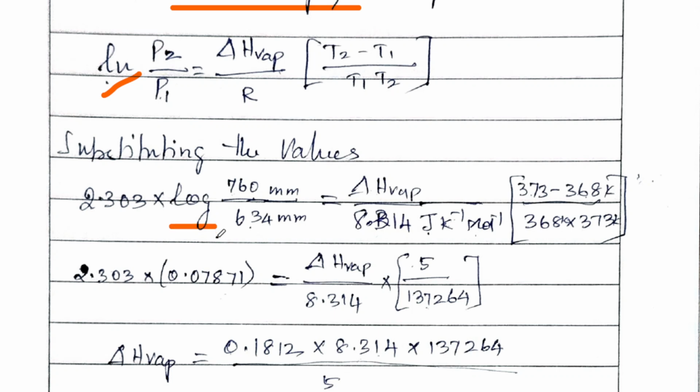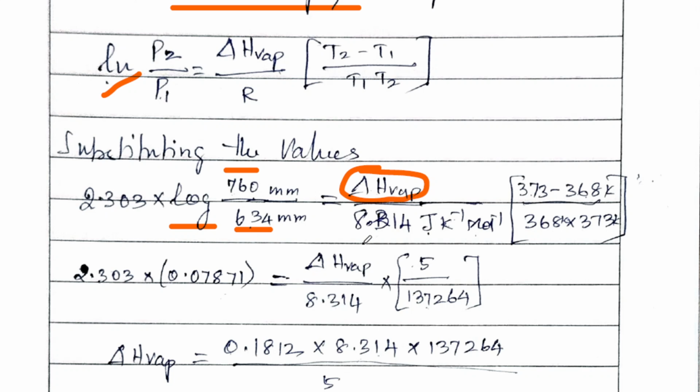For that we usually multiply by 2.303 for converting natural logarithm into log base 10. The P2 value is 760 that we know here, and P1 is 634 that we know already. We have to find this delta H of vaporization. This is the problem.